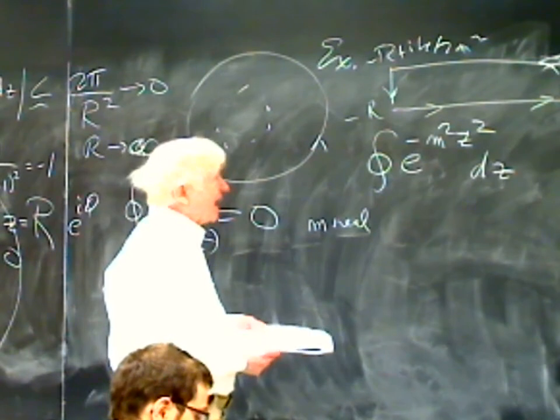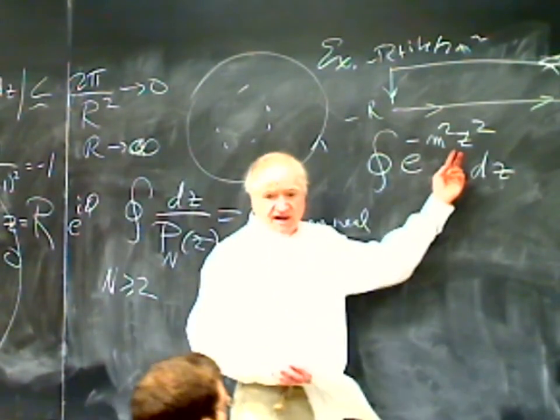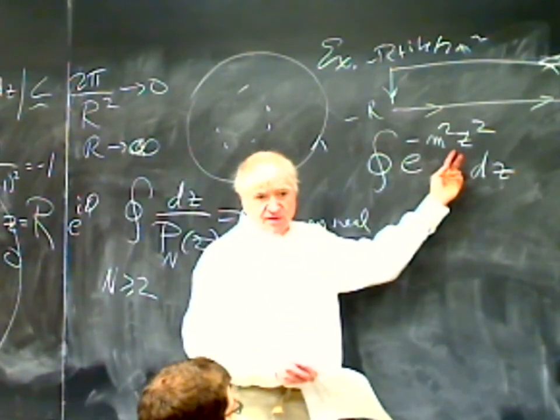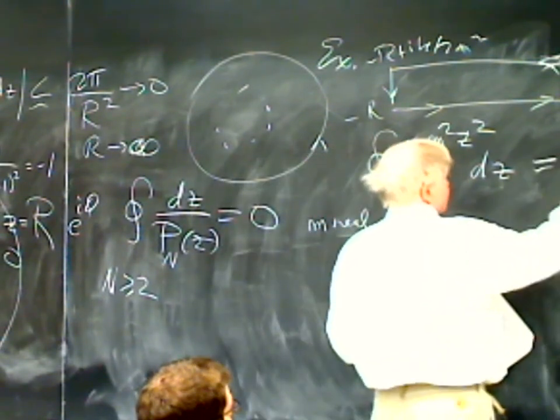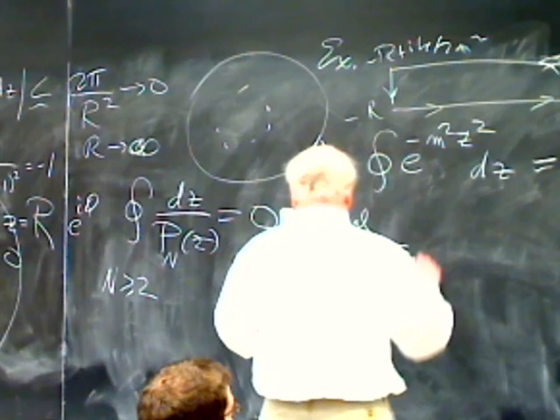0. Well, it's obviously 0 because this is an entire function. There are no singularities, and consequently, this thing is 0. Now, actually, what is it?